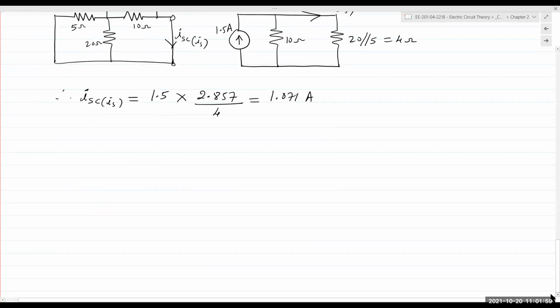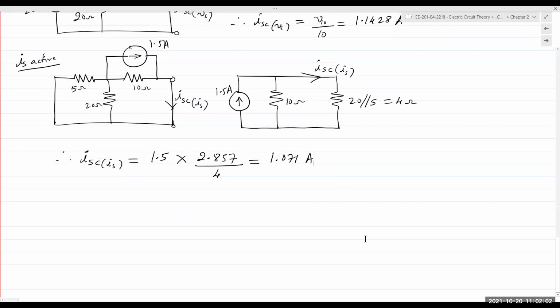And my total ISC is equal to 1.1428 plus 1.071 gives me 2.214. Therefore, my total Norton current is 2.214 amps.